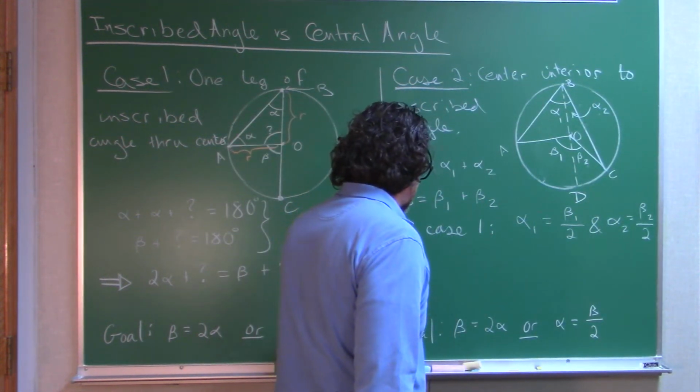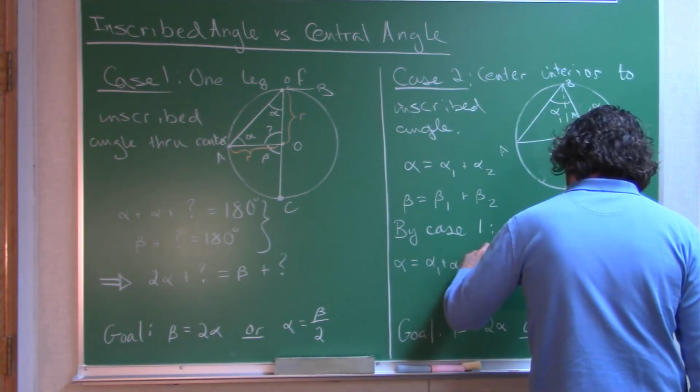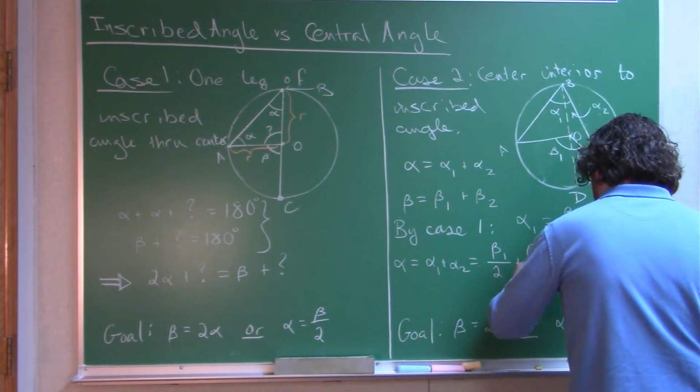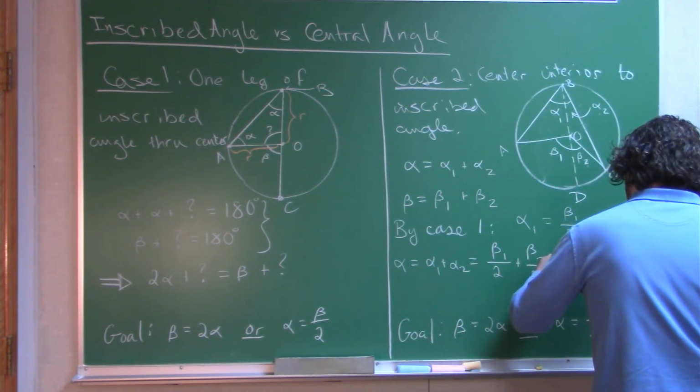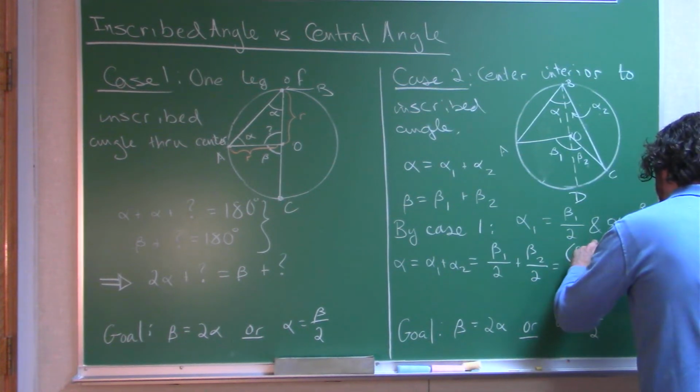Therefore, alpha, which we know is alpha 1 plus alpha 2, is equal to beta 1 over 2 plus beta 2 over 2, which is equal to, fractions already have a common denominator there.